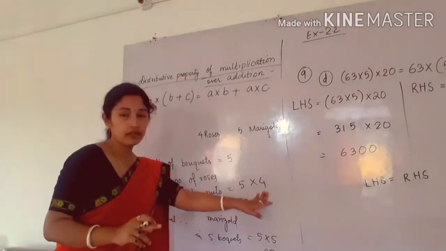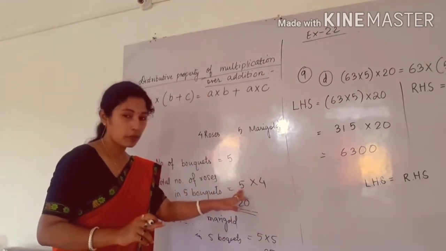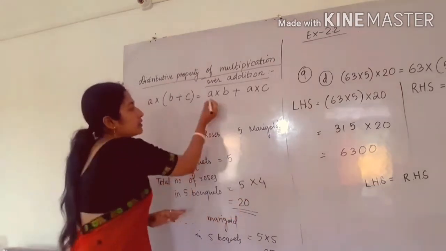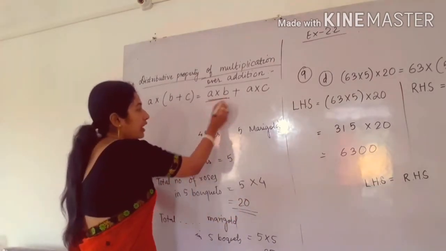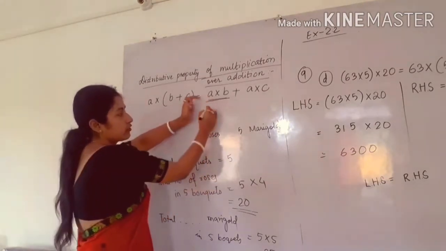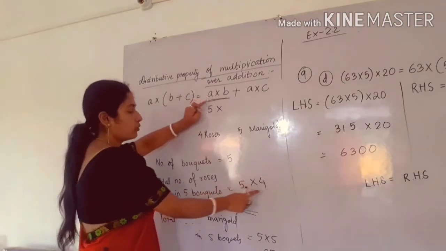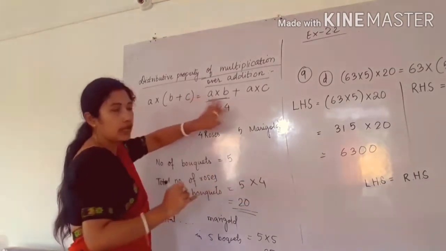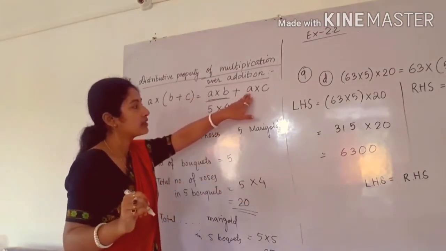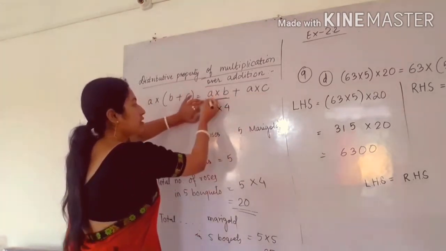I am multiplying the number of roses with the number of bouquets. So here, see, in this part A into B. A into B means what? A is the number of bouquets, that is 5, into the number of roses in one bouquet, that is 4. Okay, and in the next part this is A into C. What I am doing? See, A is same. A is what? 5.